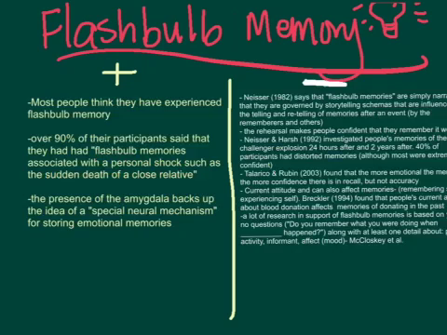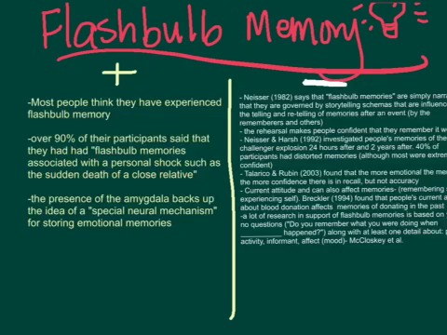They also found that participants recalled the assassination of JFK as one of the biggest memories of their lives. So again, over 90% of people in one of their studies, probably from around 1977, it was 73 out of 80 people, said that they had experienced flashbulb memories, that they felt like their memory was lit up by a flash and they just remember every little detail about that moment.